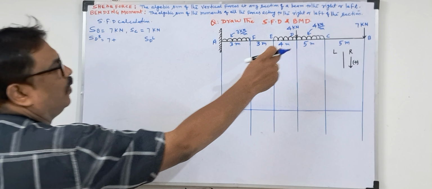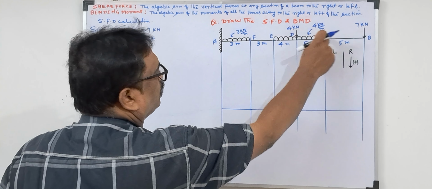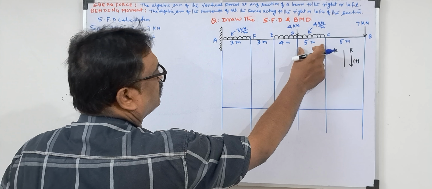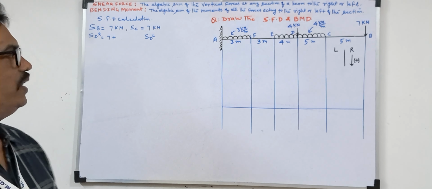What is this? We have to convert the load: this UDL is 4 kilonewton per meter, but the distance is up to 5 meter only. So we'll take 5 into 4.